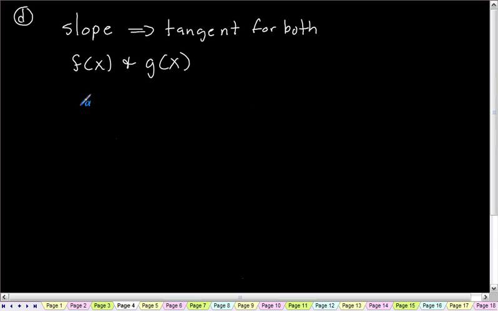And the slope at those points is your f prime around the origin.